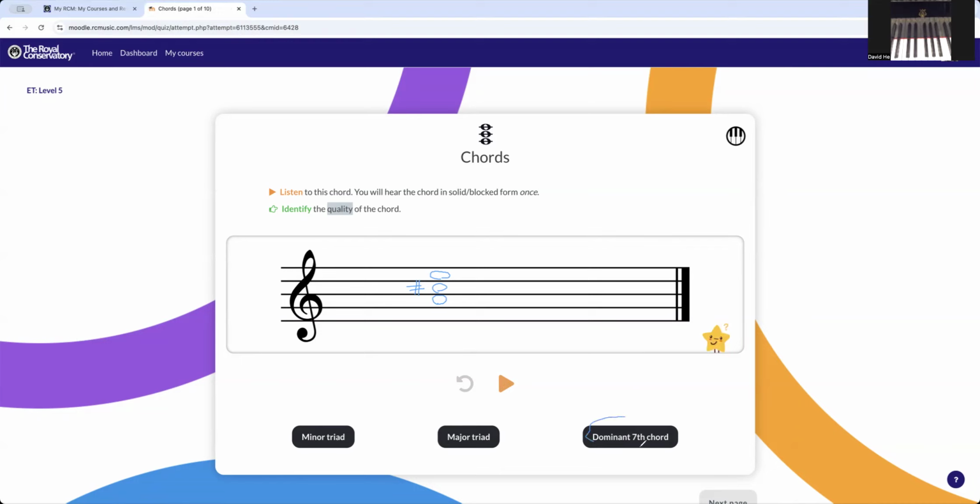If you don't know what a dominant seventh is, it's basically based on 4 notes: 1, 2, 3, 4. It's either a dominant seventh or a diminished seventh. As long as it has 4 notes, it's called a seventh chord. Triad means 3 notes.